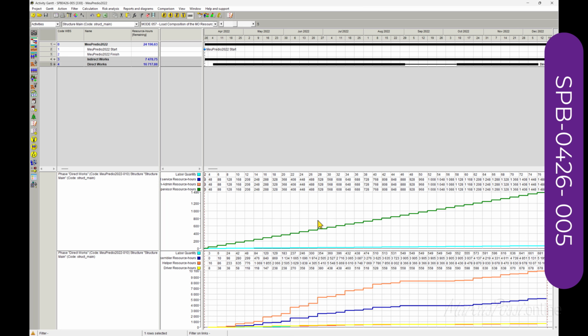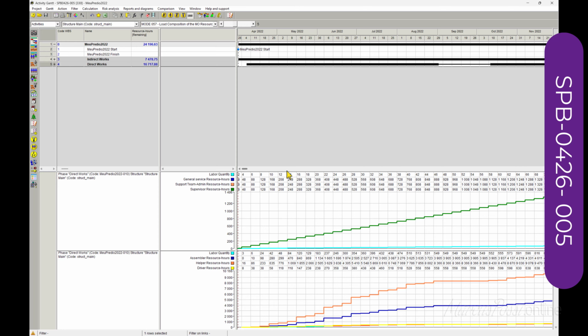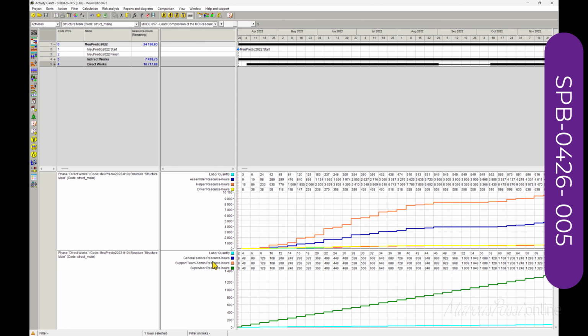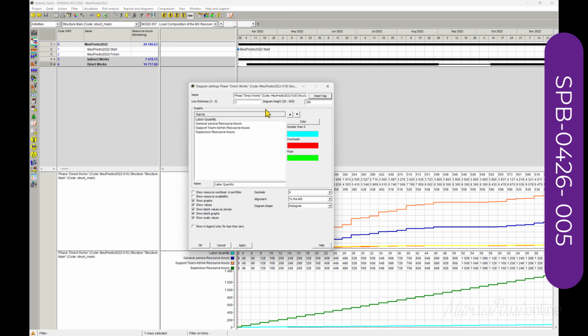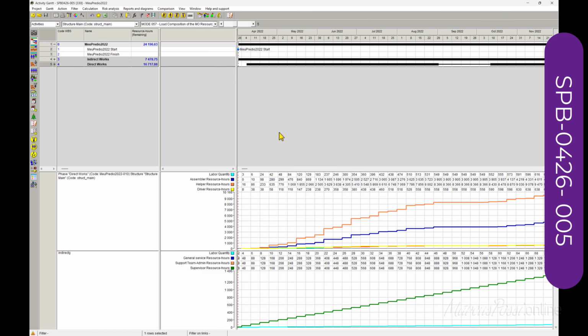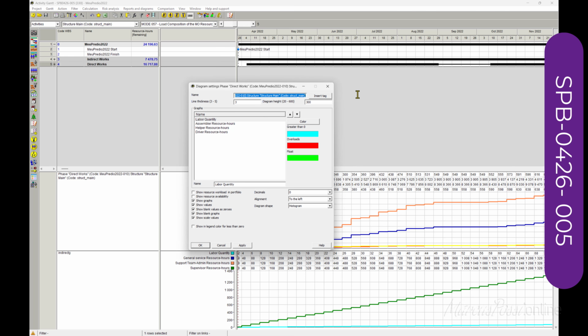Indirect projects. Indirect project. I don't know which of them. Where is component projects? Labor. General. So okay, that's here, seems to be the indirect one. I will guess. And this one seems to be the other one. Diagrams.